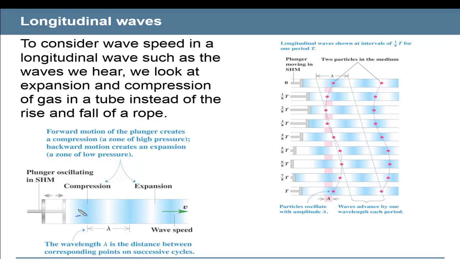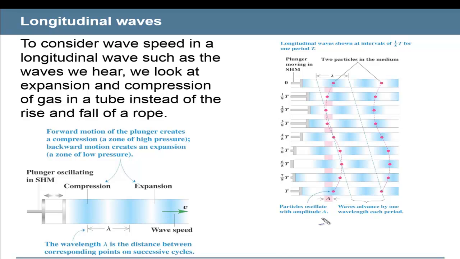So the wavelength in a longitudinal wave is the distance between two high pressure points, or the distance between two low pressure points, or the distance between 2 points of equal pressure.